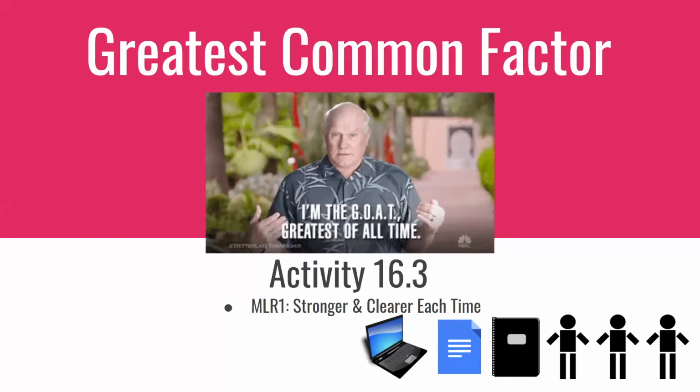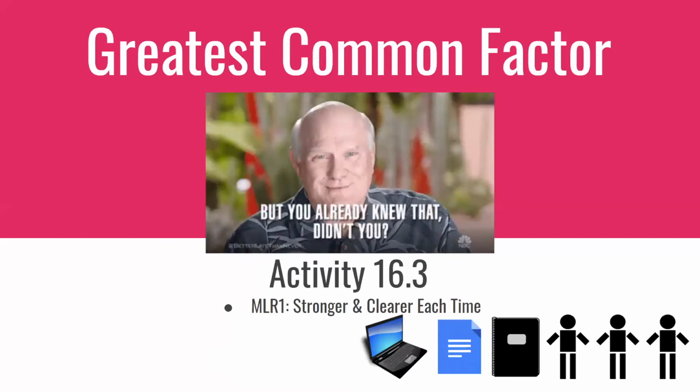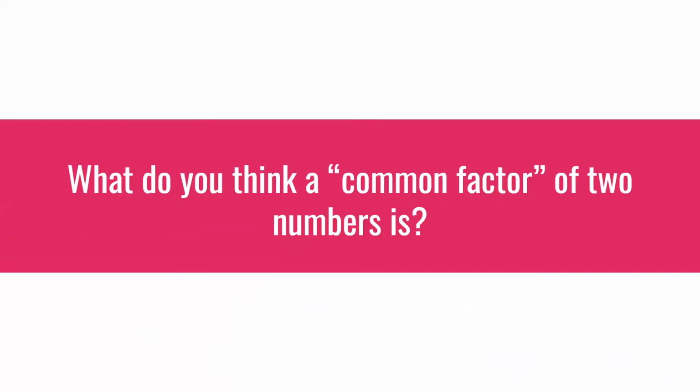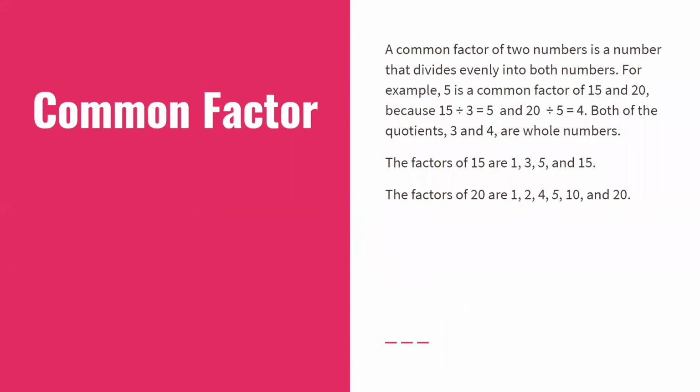First, we're going to look at what the greatest common factor is. Now, you may be thinking right now, what is the common factor of two numbers? Miss Kimball, you keep using that word. I don't think I know what it means. The definition of the term common factor is a number that divides evenly into both numbers.